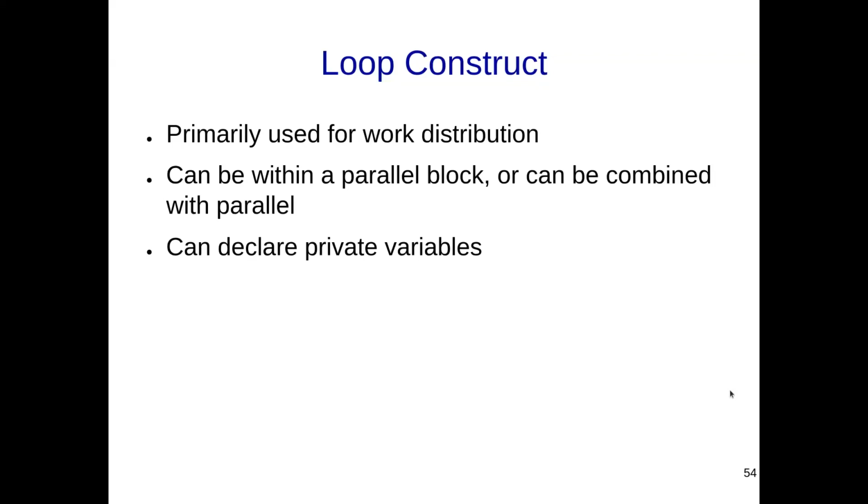By default, the index variable, let's say the for loop contains i as the index variable, i equal to 0, i less than n, i plus plus, then that i becomes a private variable by default. But any shared variable, for example sum in our example, by default remains a shared variable. So if we have to specify that certain variables should be private, thread local, then we have to declare those as private variables explicitly.